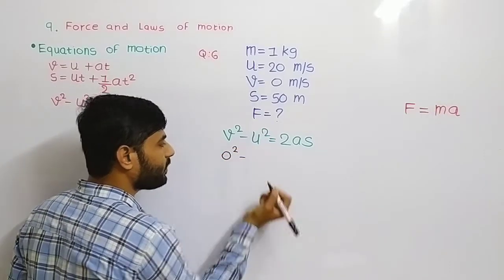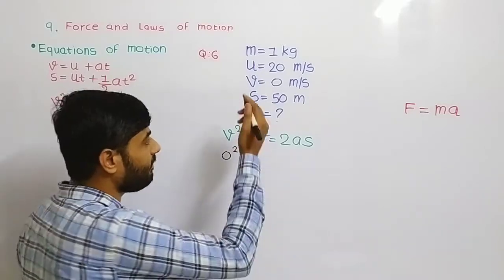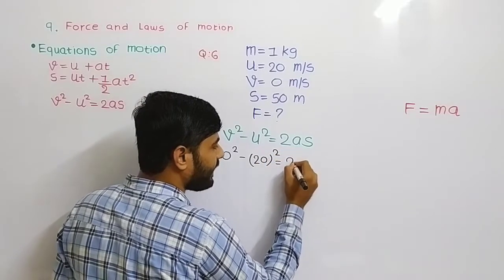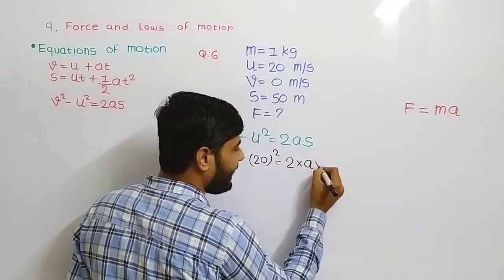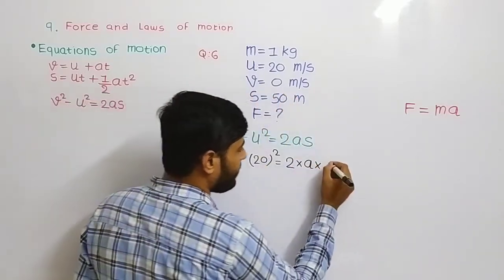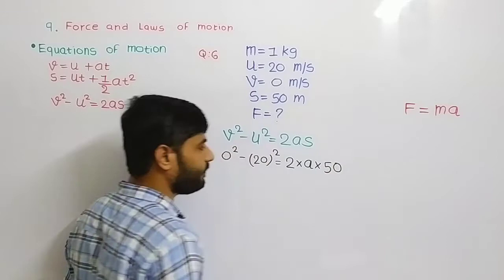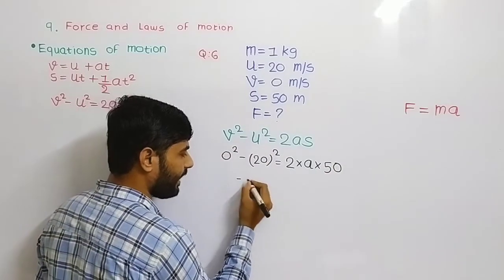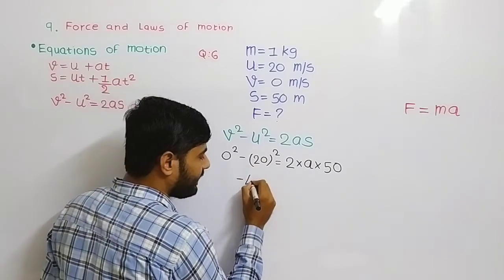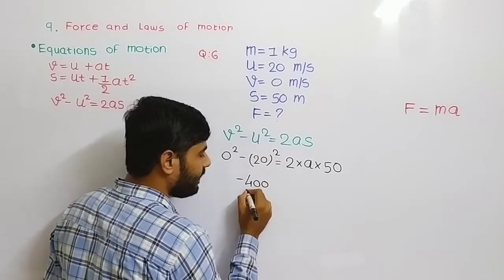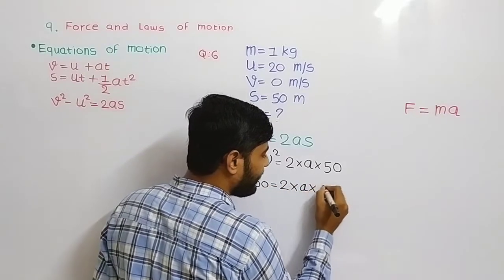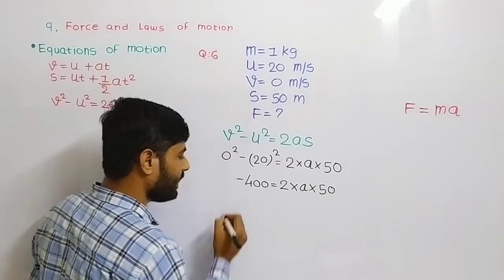So I write 0 square minus initial velocity 20 square is equal to 2 into a, which I have to find, and the distance covered is 50 meter. So here I have minus 20 square, that is 400, is equal to 2 into a into 50.